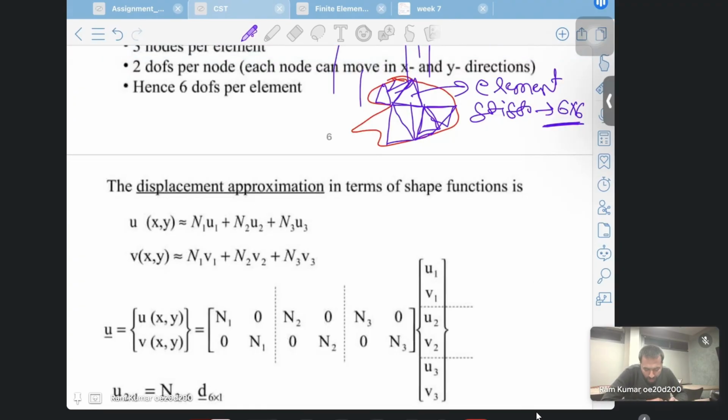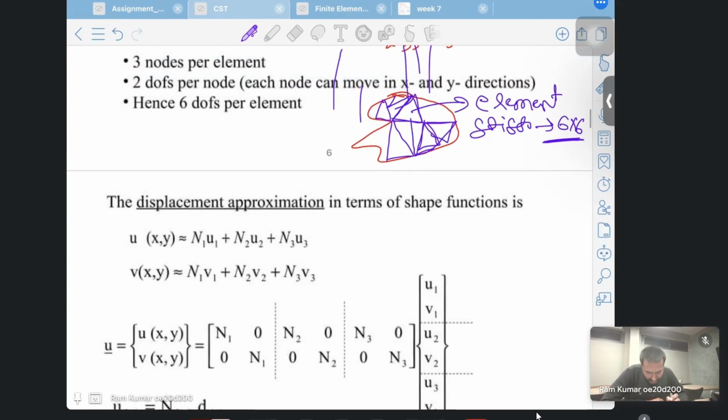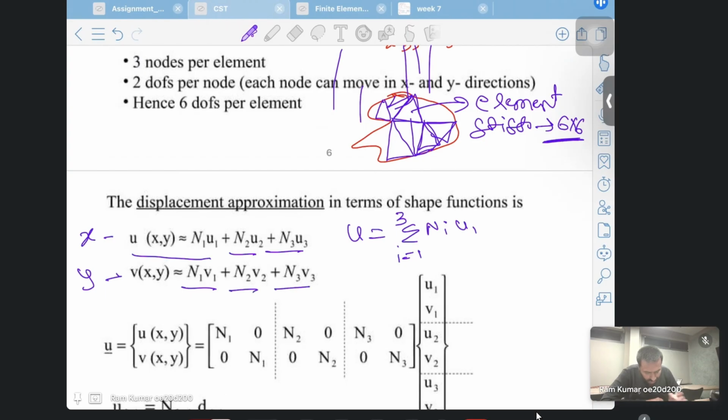Again, how can we write that displacement? Displacement Q will be equal to summation i equal to 1 to 3, because we have 3 nodes, then Ni Ui. So this will be N1 U1, N2 U2, N3 U3 in the X direction. In the Y direction, it will be N1 V1, N2 V2, N3 V3.